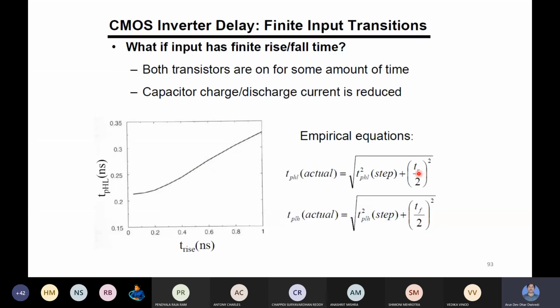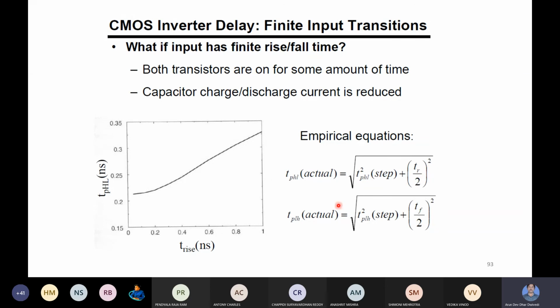So the rise time of the input pulse is TR. Because the input pulse applied is not ideal, from the ideal calculation formula we calculate TPHL for the step pulse plus TR by 2 whole square. This empirical formula can be used: TPHL actual for the practical input pulse is equal to TPHL step pulse square plus TR by 2 whole square, if the input pulse has a rise time.